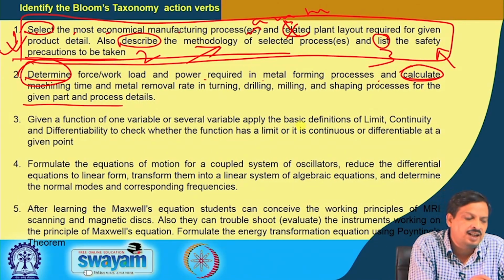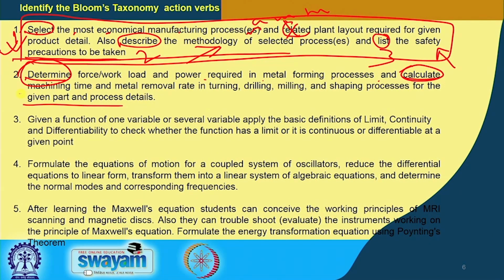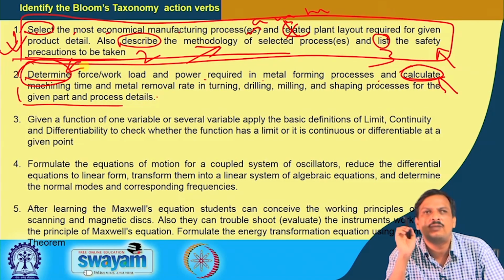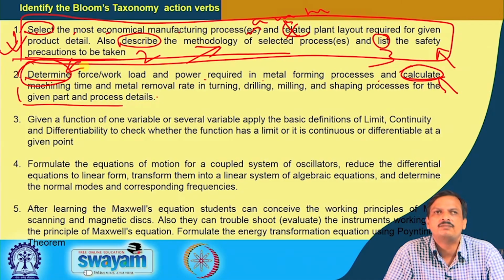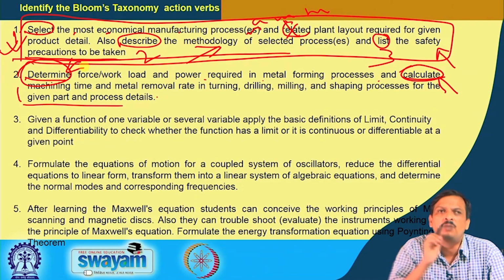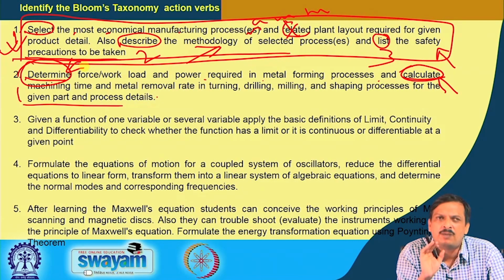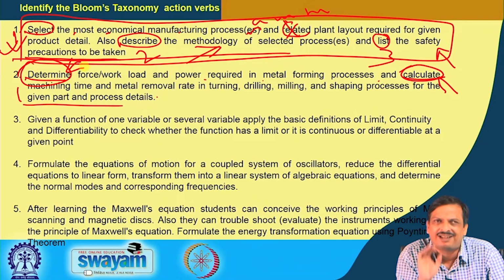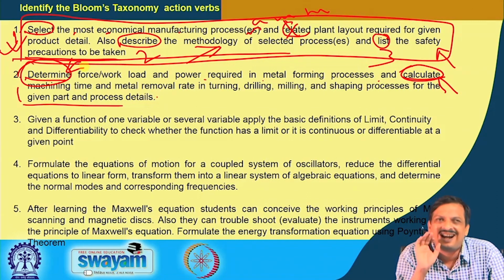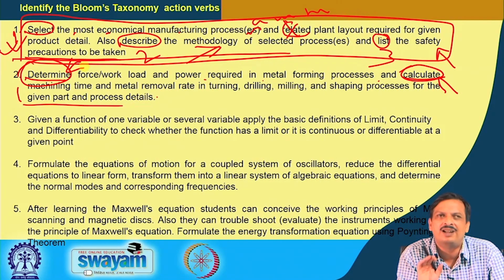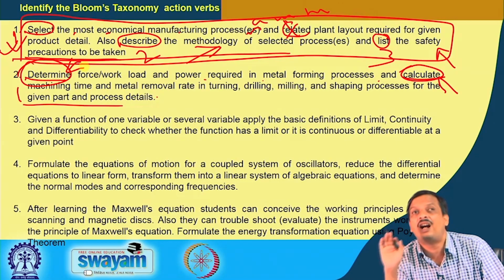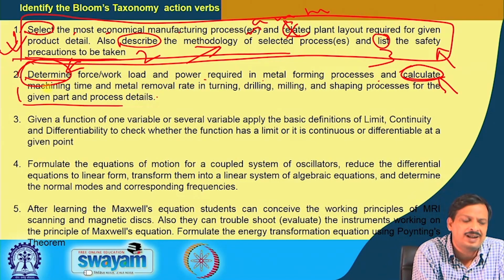Okay. So, this outcome has two action verbs, one in application level, another in analysis level. So, what is the cognitive level of the outcome? Bloom says that if an outcome contains multiple action verbs, the highest cognitive level is the cognitive level of the outcome. So, what is the highest cognitive level?